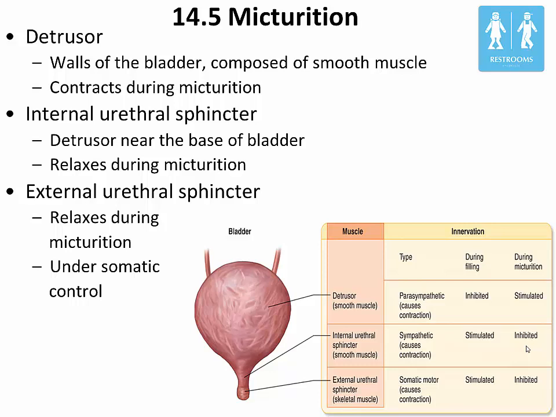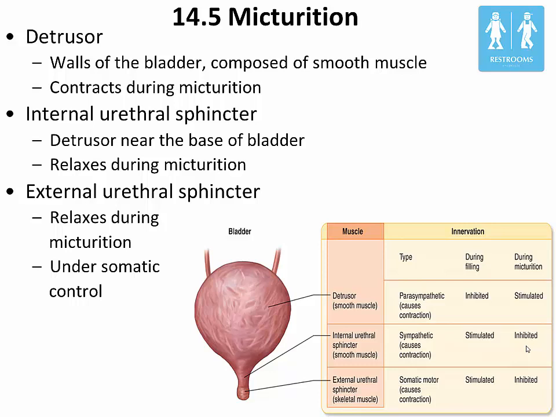And so there's this compressed area down at the base of the bladder when the walls of the bladder are not contracting. And so that internal urethral sphincter is closed for those two reasons. One is actual stimulation that's causing the muscles to contract, and another is the position as a result of the relaxed muscle in the remainder of the bladder.